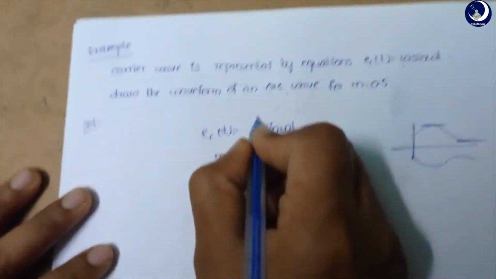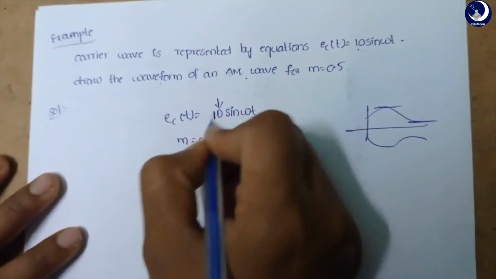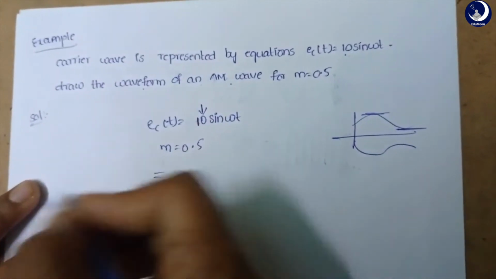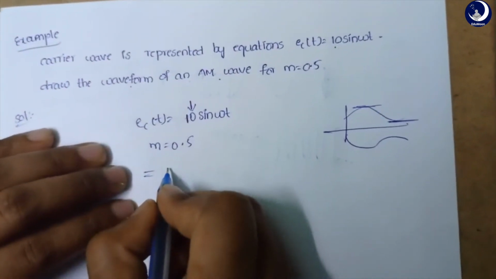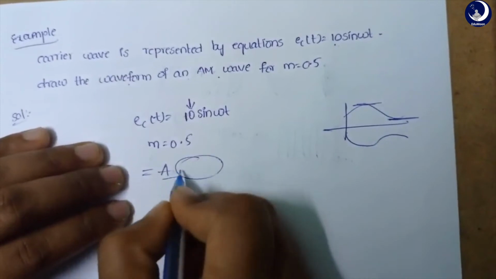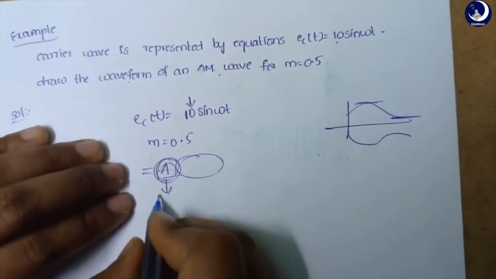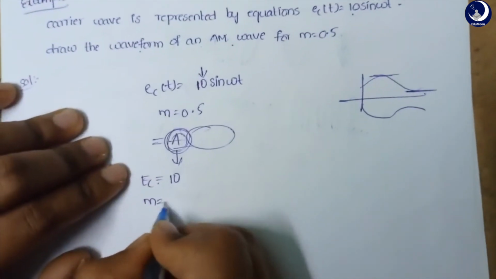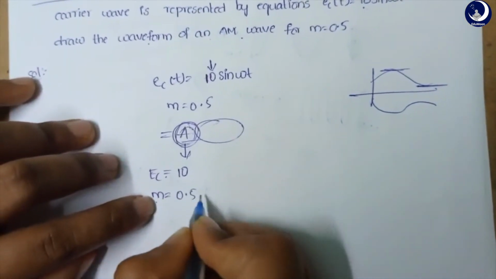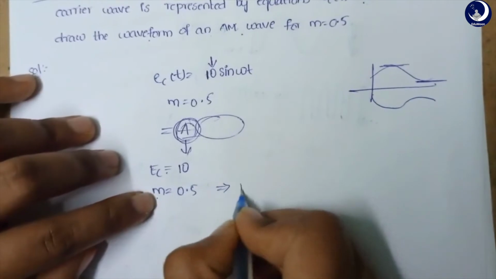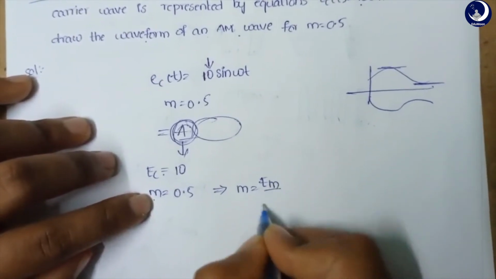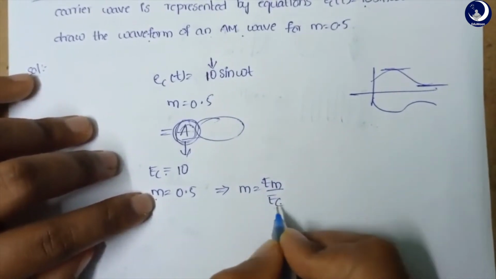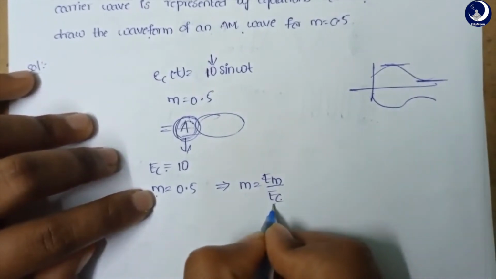What is the general form of a carrier wave? Amplitude into sine wave, right? So the amplitude is given, that is Ec equals 10, and they gave M, the modulation index, equal to 0.5. We know that M is equal to Em by Ec, where M and Ec are given.